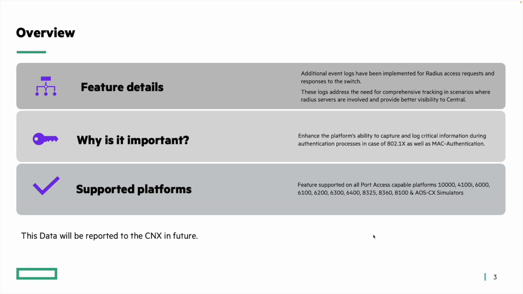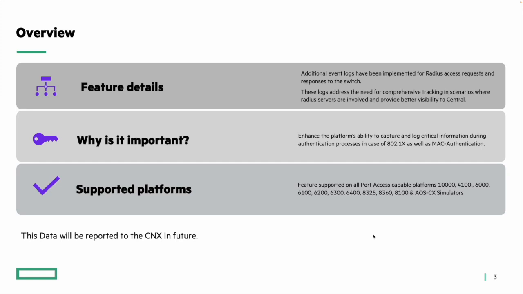As a part of this 10.13 update, additional event logs have been implemented for radius access requests and responses to the switch, which means that the event logs will now log the address. These logs address the need for comprehensive tracking in scenarios where radius servers are involved and provide better visibility to Central.